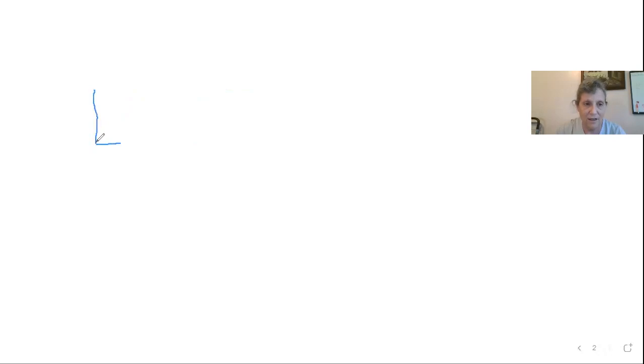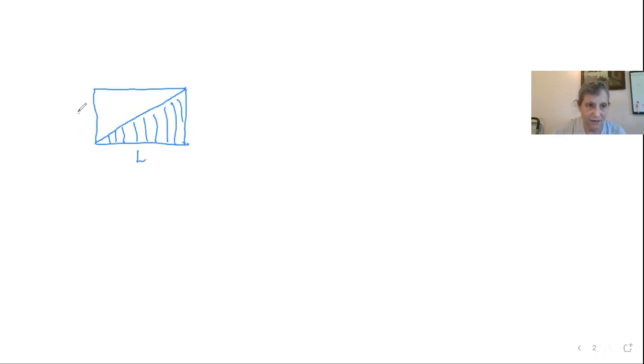If we took a rectangle and drew a diagonal across that, then you can see that the area of one of these triangles is going to be exactly half of the area of the rectangle.